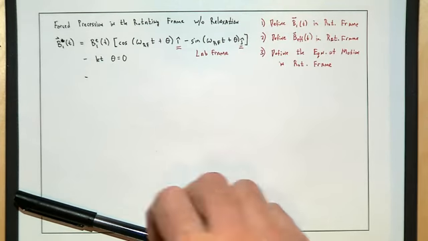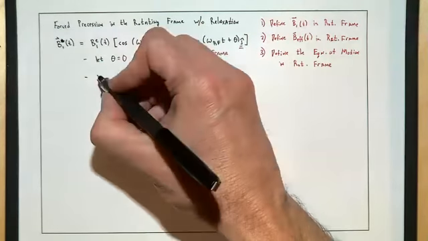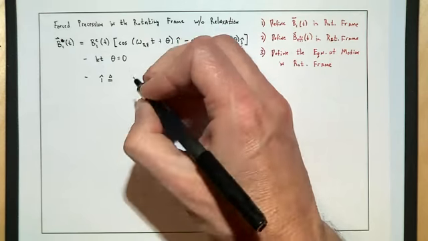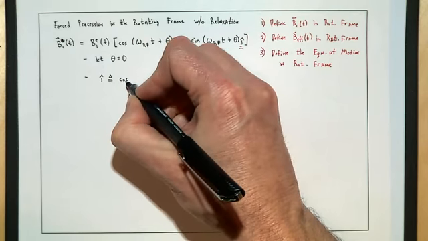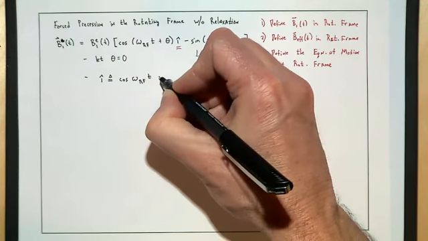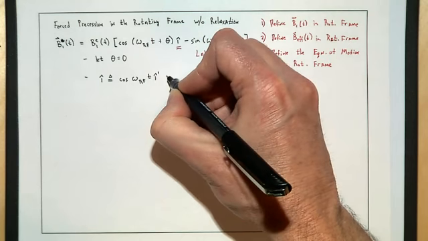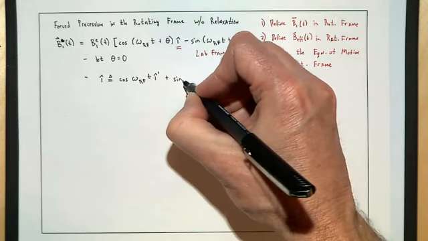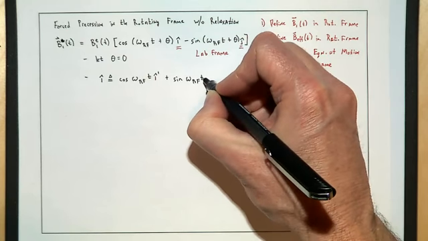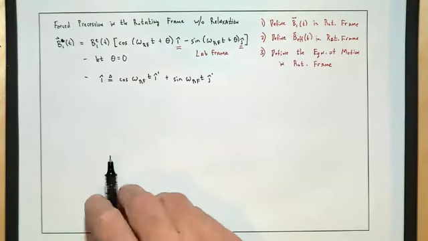So what's the relationship between the two? We know that I hat is defined as cosine omega RF of t along the I hat prime direction, I'll explain this in a second, plus sine omega RF times time in the J hat prime direction.